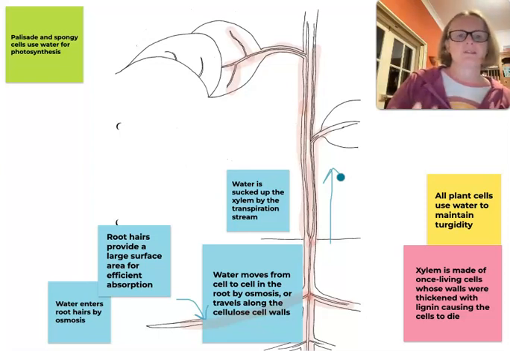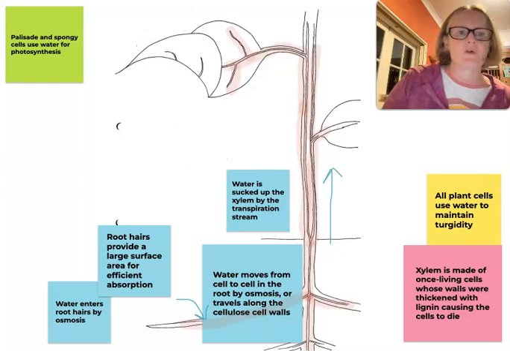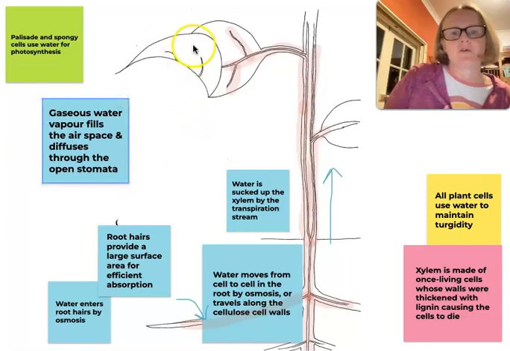So we've just come across this idea called the transpiration stream. That means that something must be happening at the top of the plant to be providing a suck or a pull up the plant. So let's move into the leaf and see what's happening. In the leaf, we know that there are holes, especially on the underside of the leaf, which is why I've got this leaf flicked over slightly so you can see the underside.